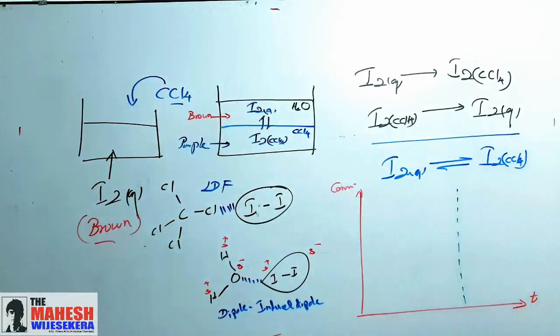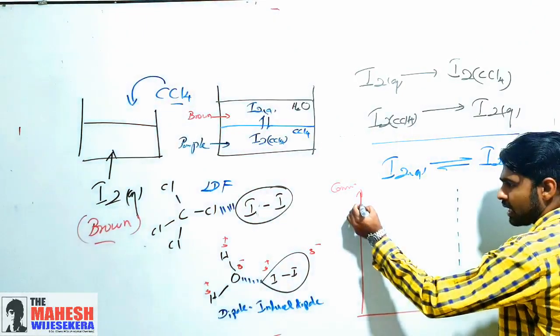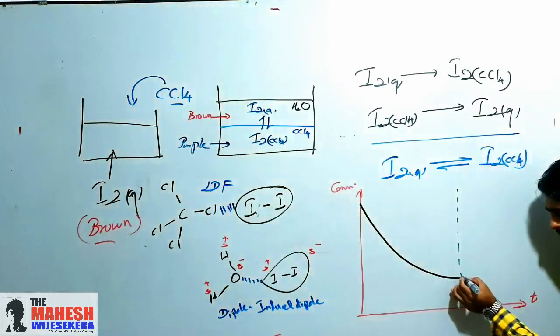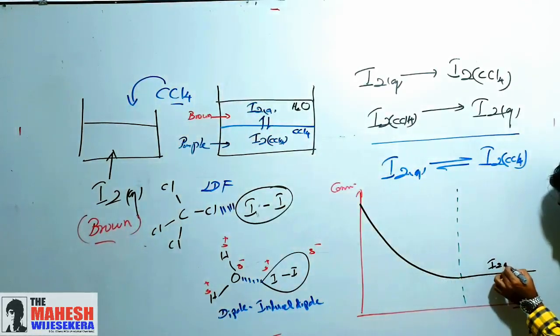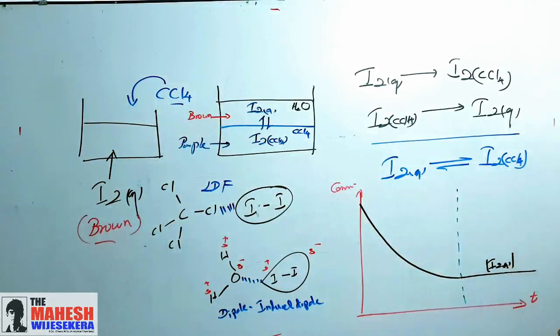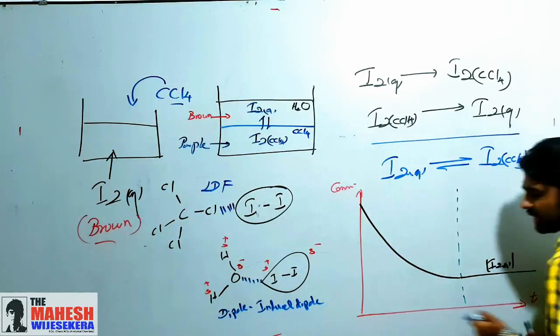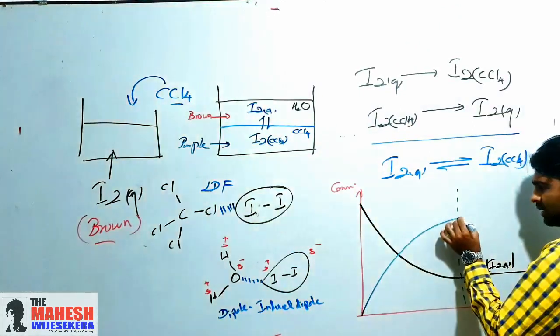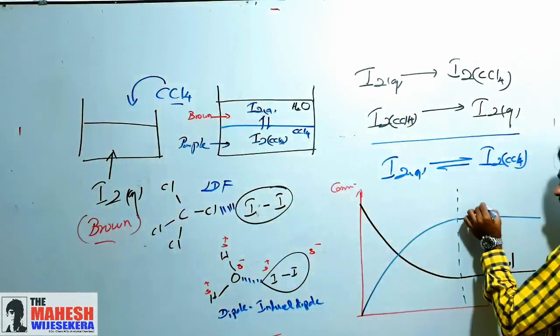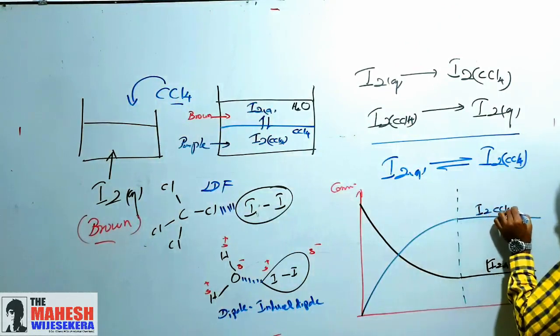Initially, you have high iodine concentration in water, and it decreases with respect to time, and at a certain point, it will become constant. This is I2 aqueous concentration. And when it comes to CCl4, initially nothing, but it increases with respect to time. This is I2 CCl4.